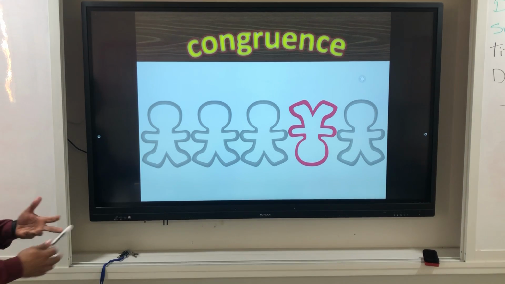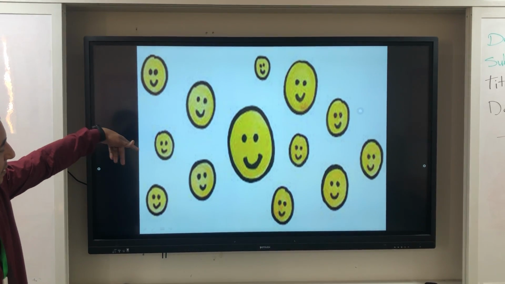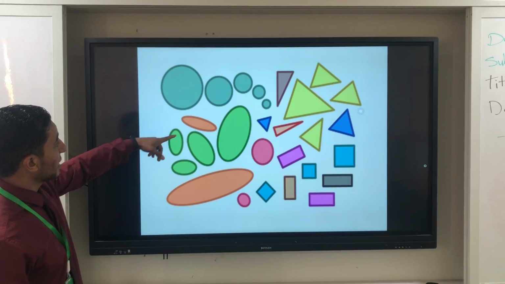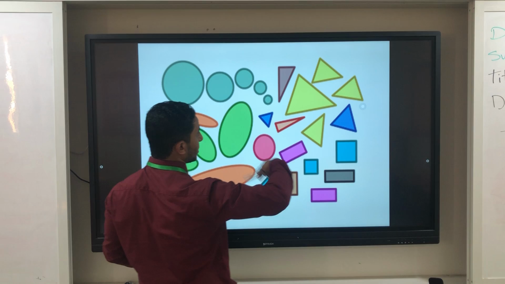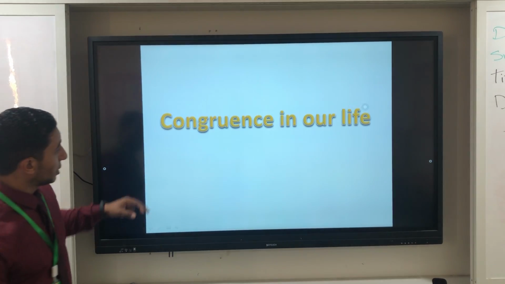As you can see, we have the same shape, the same faces. These are similar, not congruent. We can use congruence in shapes: triangles, squares, ovals, circles, as you can see.